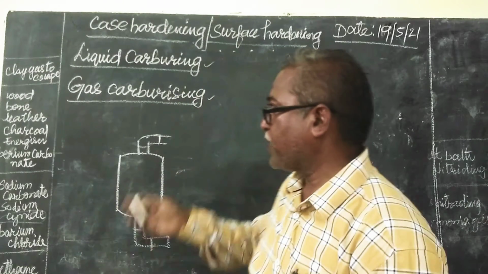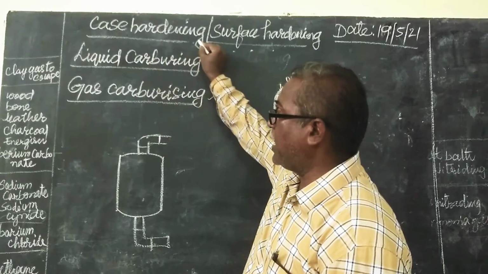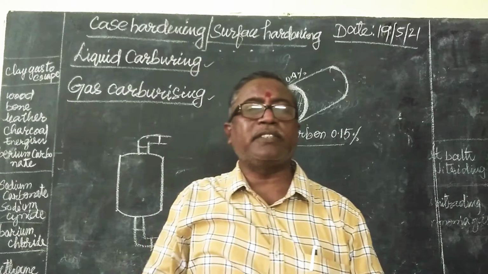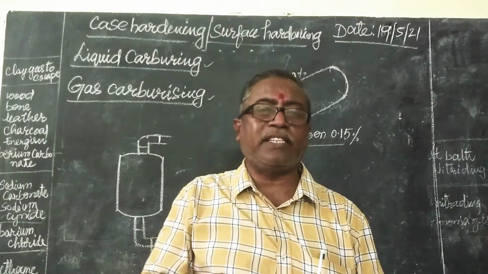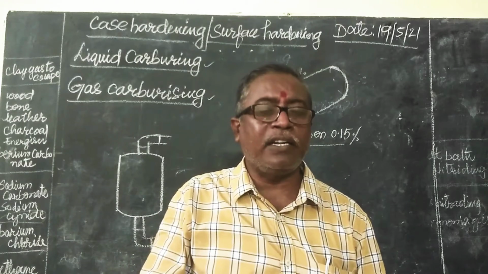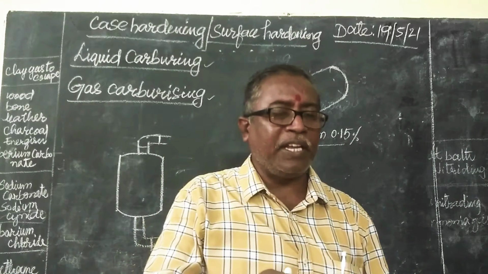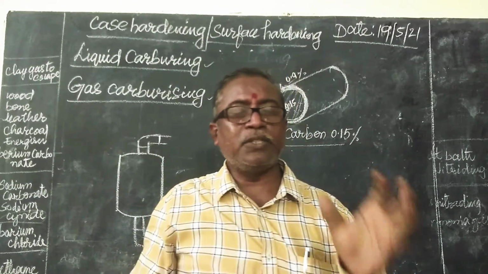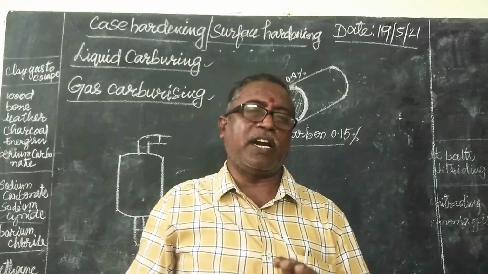So same way here, case hardening means, once again I am explaining, case hardening means the outside case we are hardening, we are making hard by diffusing carbon or nitrides into the material. These are all under case hardening.